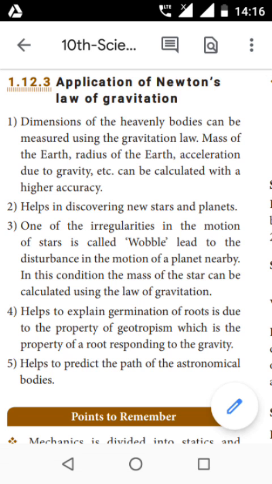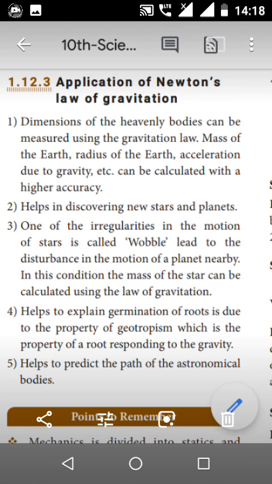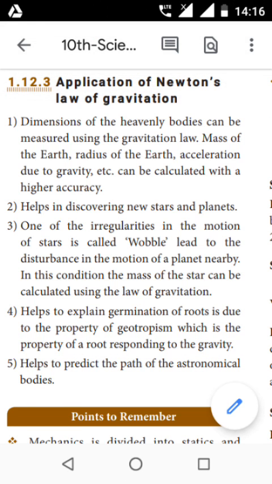The roots grow downwards and the stem grows upwards. So without gravity, the root cannot move downwards.